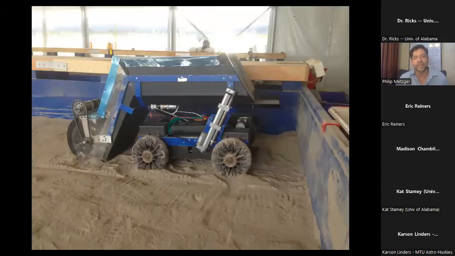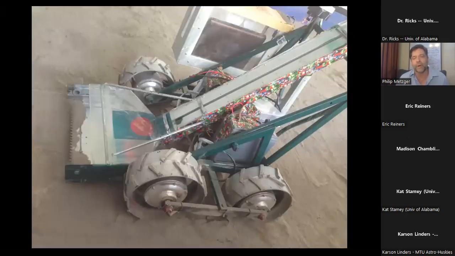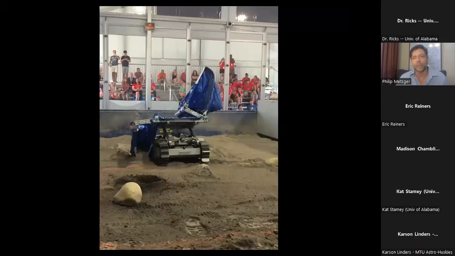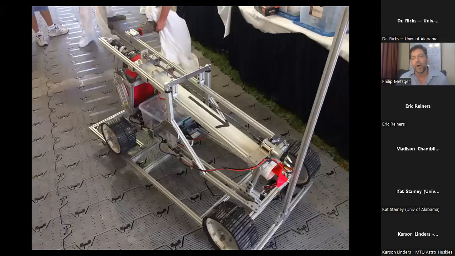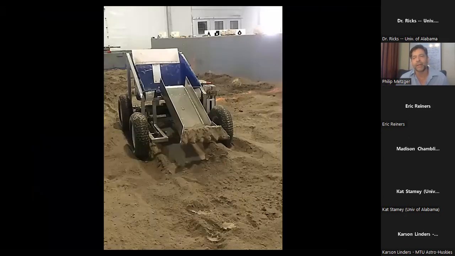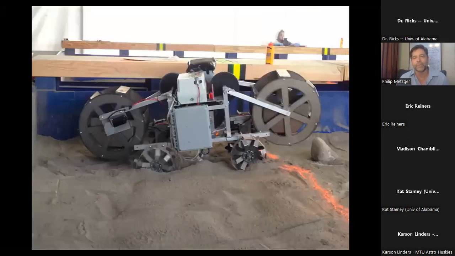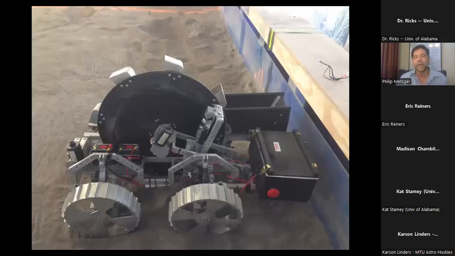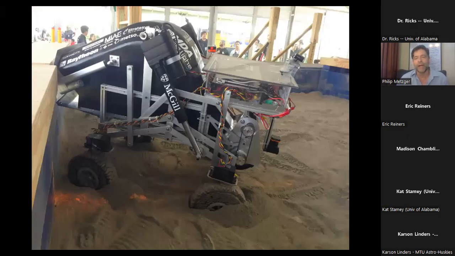Digging systems: that's a snowblower, that was a scraper. This one used bags to scrape along the surface, augers, bucket loaders, scrapers front and back, bucket wheels, a wide variety.